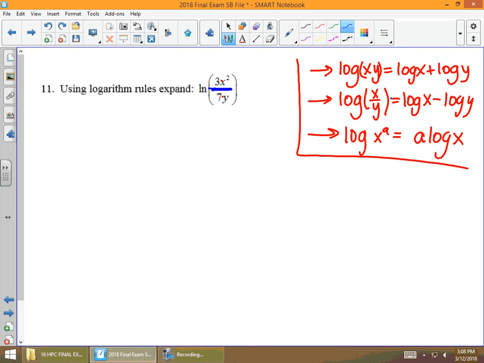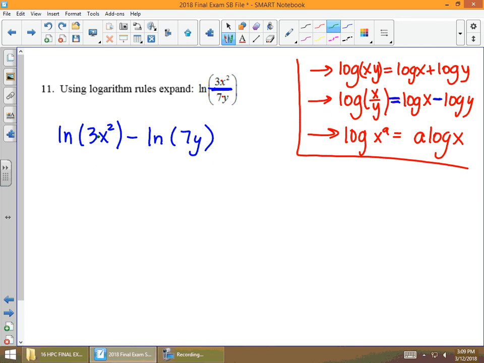So I'm going to take this one here directly, put a minus in between. So ln of 3x squared minus ln of 7y. And you can absolutely do this in just one step if you're comfortable, but I like doing a couple. The next thing I'm going to do is break up the product rule.